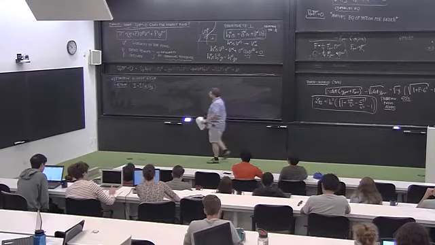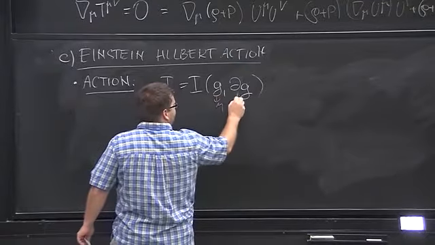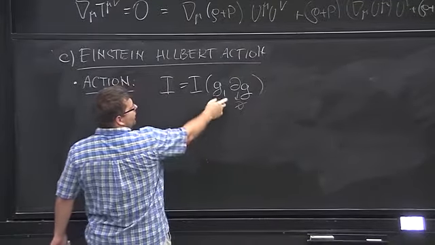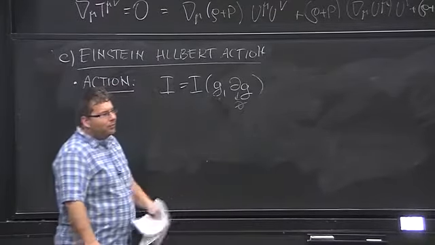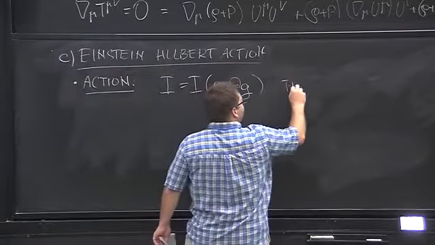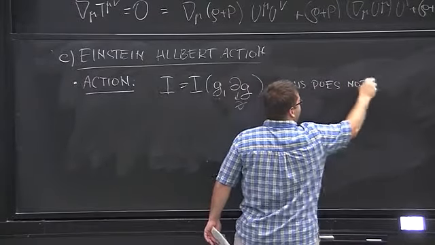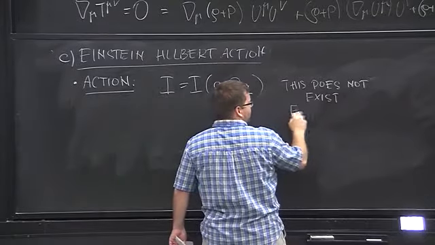So I can always set this to eta and this to 0, but this will then be only a function of g, right? That will not give me a second order differential equation. So unfortunately, this does not exist, because of the equivalence principle.